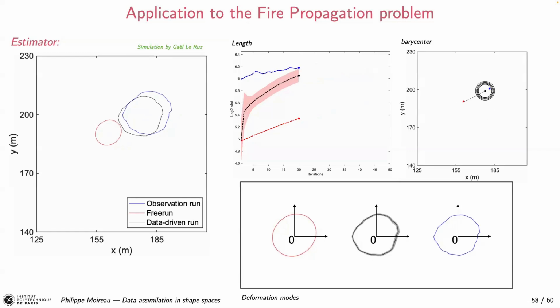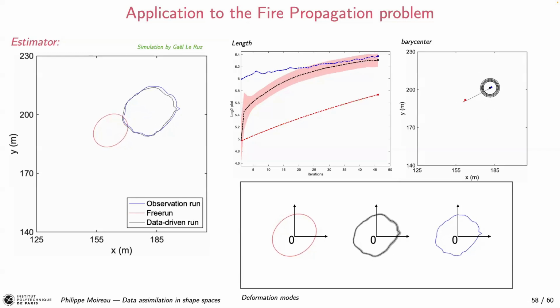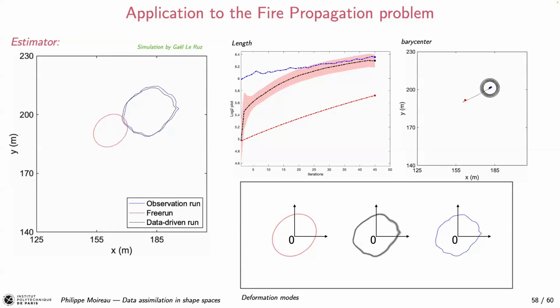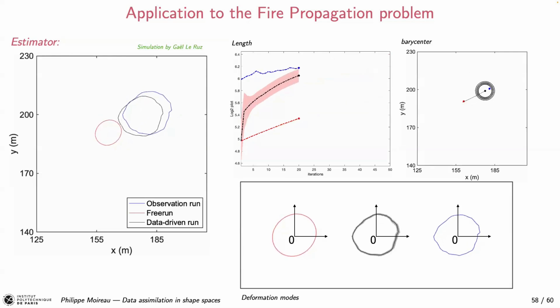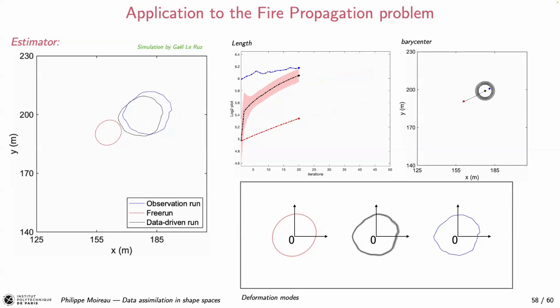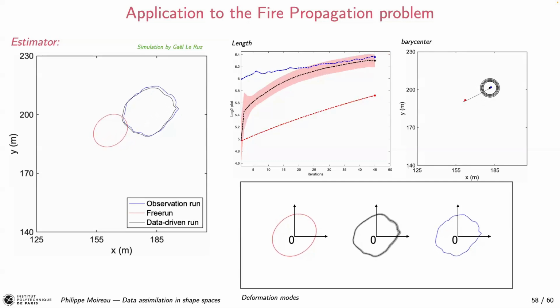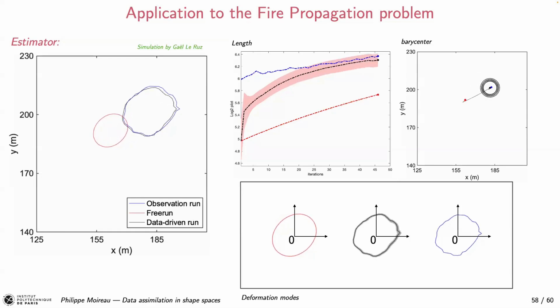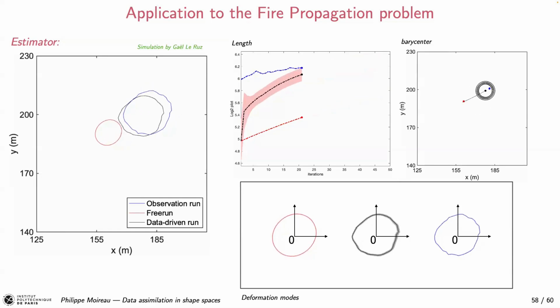So again, you need a model of noise, and the way we model the noise is by computing the true trajectory, and for each time step of the true trajectory, we perturb it by a random field and do, on a delta t scale, an exponential map to perturb the boundary.